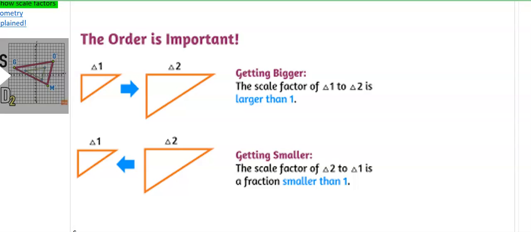If we go from our original shape being smaller and dilating it to be larger, then our scale factor is larger than 1. If it's doing the opposite, so we're going from a big figure to a small one, then our scale factor is less than 1. So it will be a fraction or a decimal.